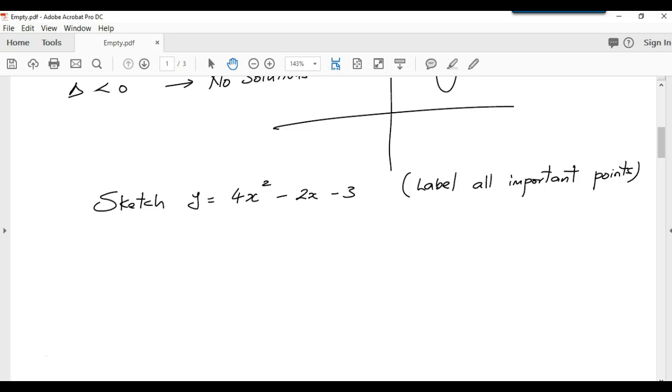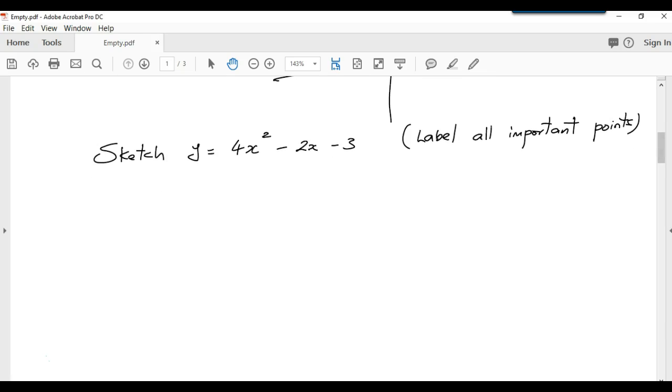The first one we start with is our y-intercept. To find our y-intercept, we substitute x as 0. If we substitute x as 0, we get the y value as minus 3, which means our y-intercept is 0, minus 3.